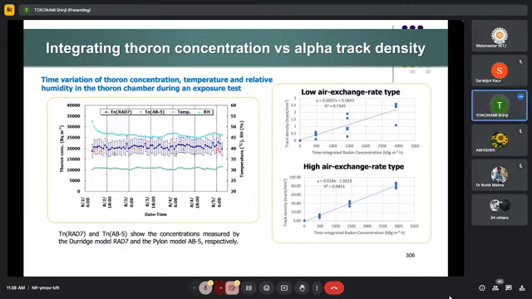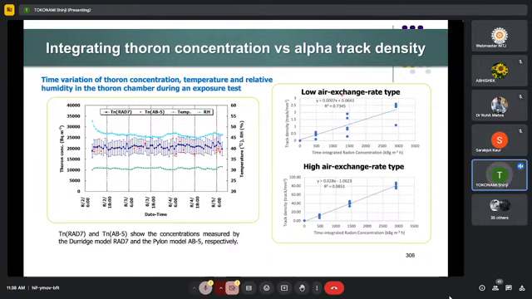They are in good agreement, as you can see. The blue line represents the relative humidity, and the temperature is almost stable.